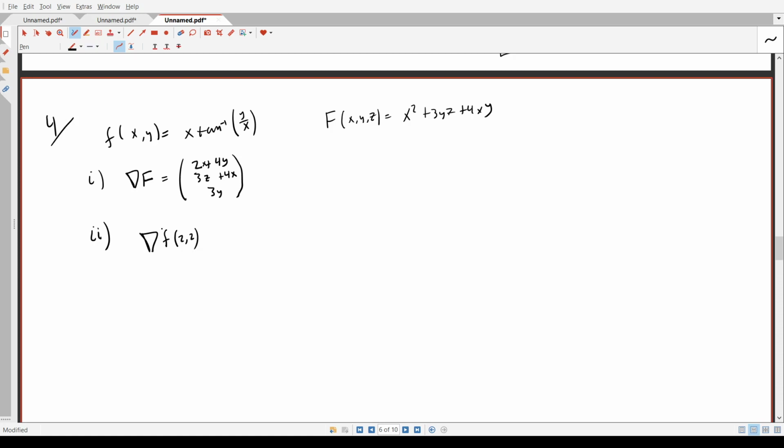Almost. This is the direction of steepest increase. If I want the direction of steepest decrease, I take the negative of that. If I have some sort of surface and I'm looking straight down at the surface, and that way is the steepest increase, then the opposite direction is the steepest decrease.